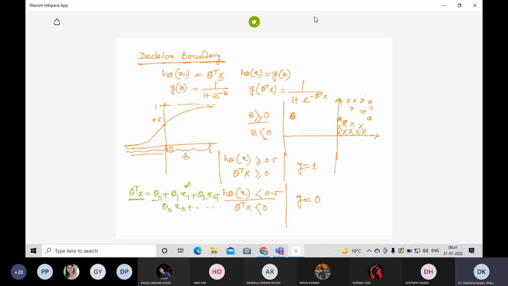When theta transpose x is greater than or equal to 0, the predicted value will be greater than or equal to 0.5, and in that case we infer the class label y equals 1. Otherwise, when theta transpose x is less than 0, the predicted value will be less than 0.5, and we say the class label is y equals 0.